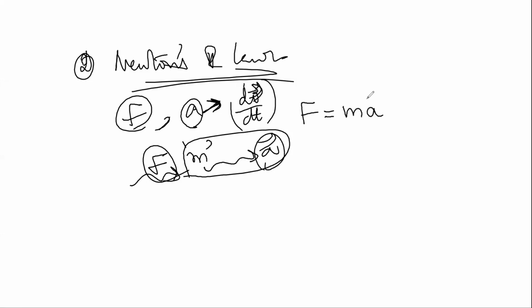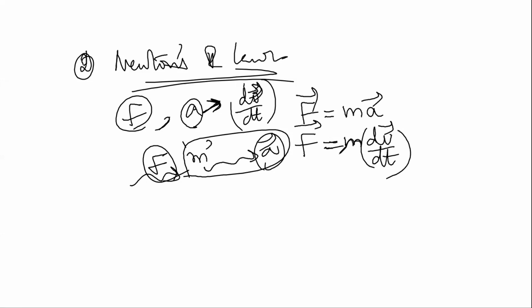F bar is equal to m a bar, or m into a, where a is dv by dt, where v is the velocity of the body, the particle we are taking. Okay, v is a vector, F is a vector, m is the mass. So vectors I am representing with a bar, acceleration is a vector, you already know that. Now that is equal to d of mv by dt.